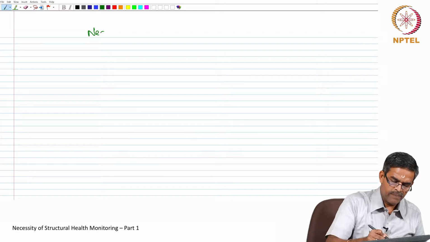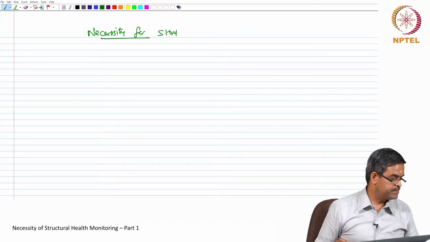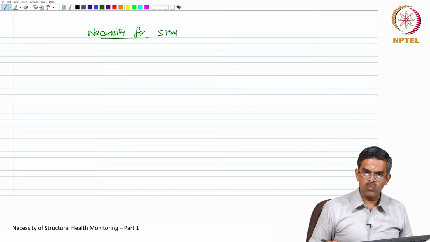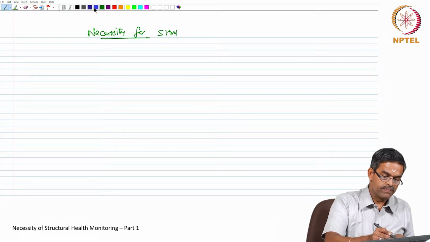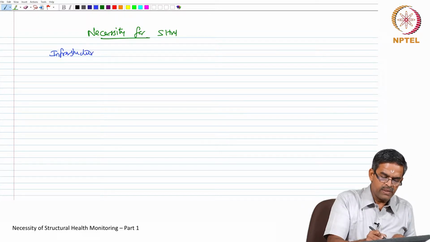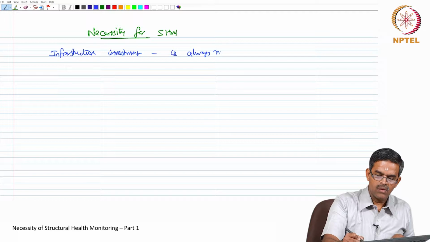Having said this, let us ask a question: what is the necessity for structural health monitoring? There are many reasons why one should practice structural health monitoring. We all agree that infrastructure investment is not always towards new construction.